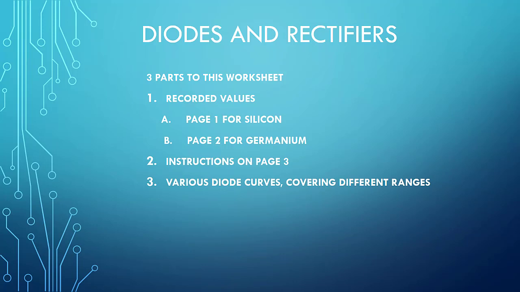And then the last 5 pages are graphs. These are similar to what you would see in a data sheet that you would find on Mouser or DigiKey or really anywhere over the internet. The first 2 pages are for silicon diodes.